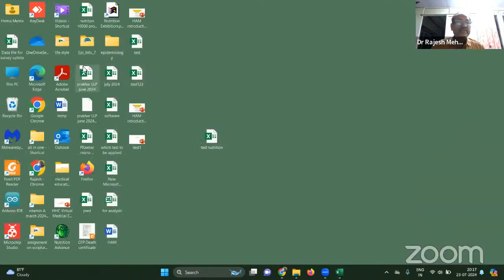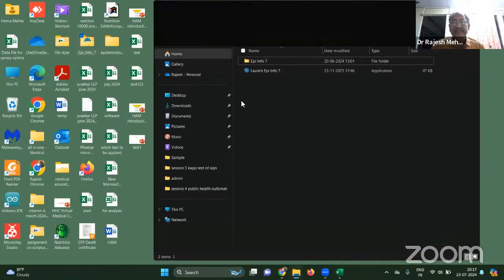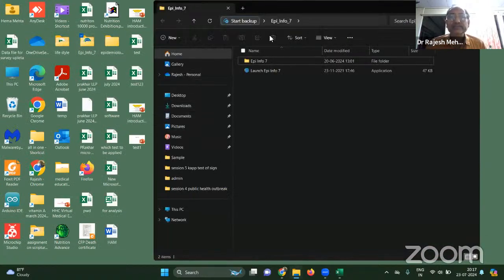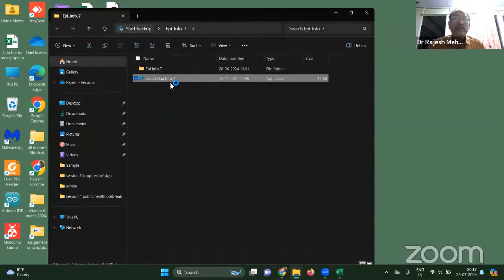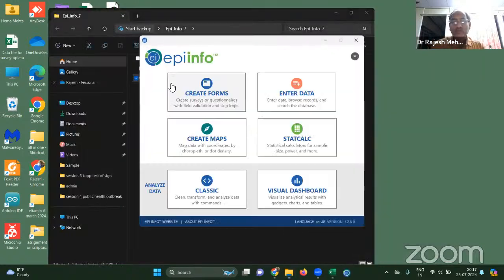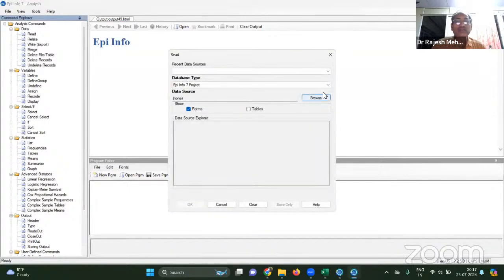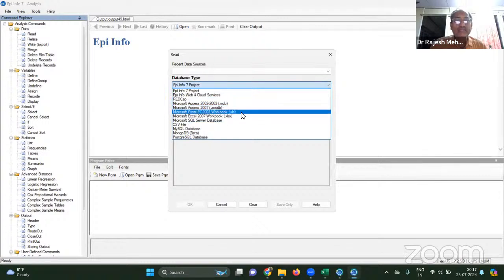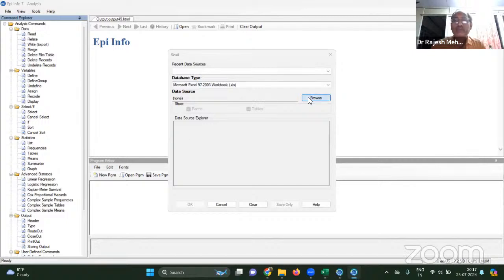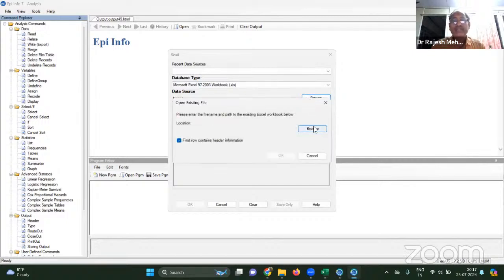Previously, we saw that you want to do analysis on Excel data. I hope by now most of you have installed Epi Info. So in Epi Info, you select XLS, and you save the Excel version one step down, the previous version.